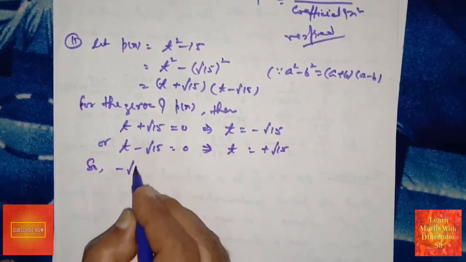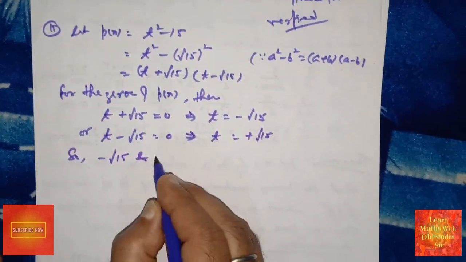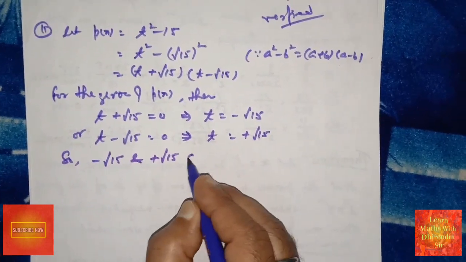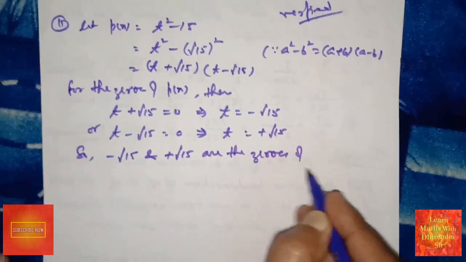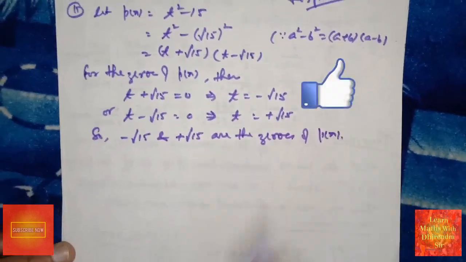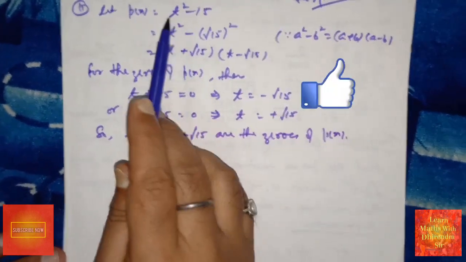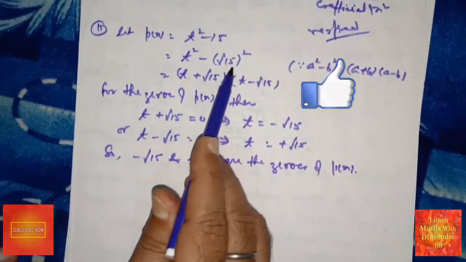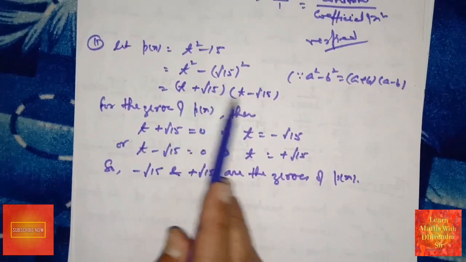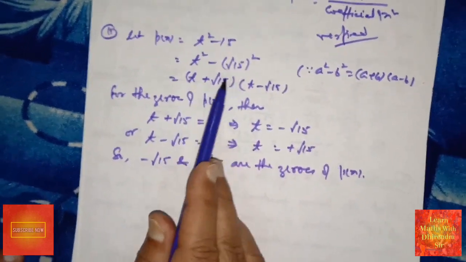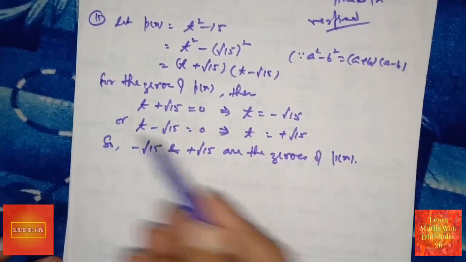So minus root 15 and plus root 15 are the zeros of the given polynomial p(x). Is it clear? t square minus 15 with the help of factor a square minus b square की हमने आइडेंटिटी लगा दी, तो हो गया (a plus b)(a minus b). a के प्लेस पे t था, b के प्लेस पे root 15, तो ये हो गया. It is very easy.